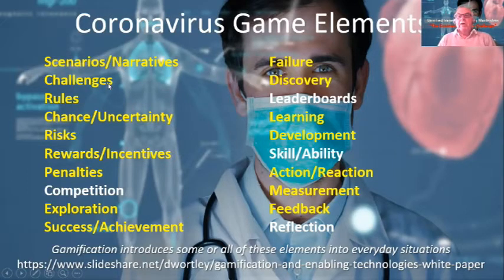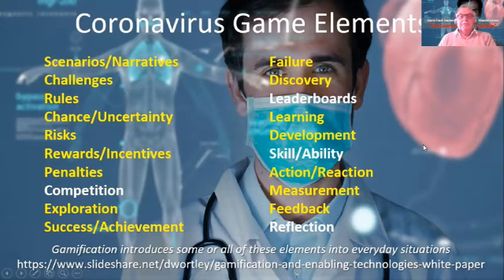We will have challenges, what you're required to achieve as a result of the game. There'll be rules which say what you can and what you can't do. Elements of chance and uncertainty and risk are being built into the game that you'll be trying. There will be rewards, incentives and penalties in this game. There will be a chance to explore. There will be a way of measuring your success or failure.